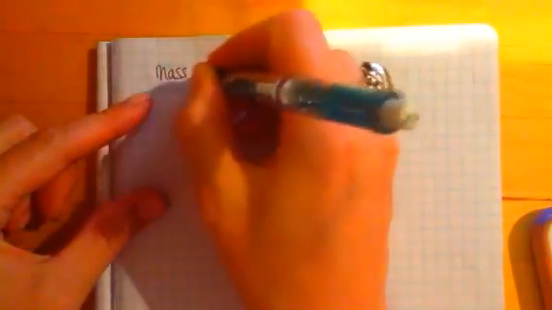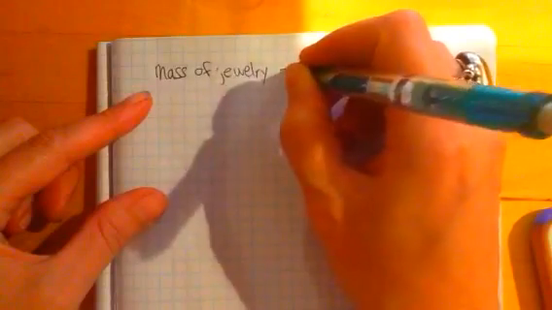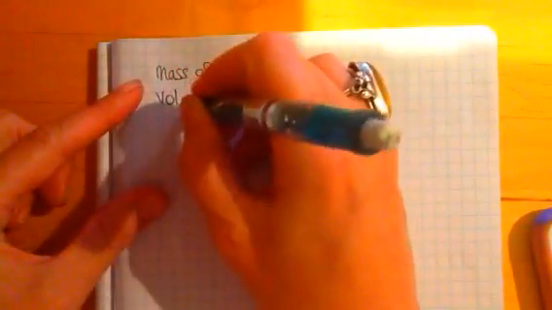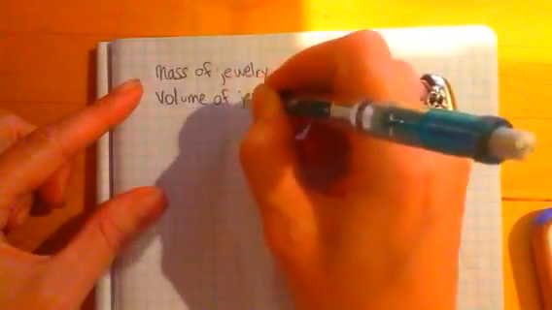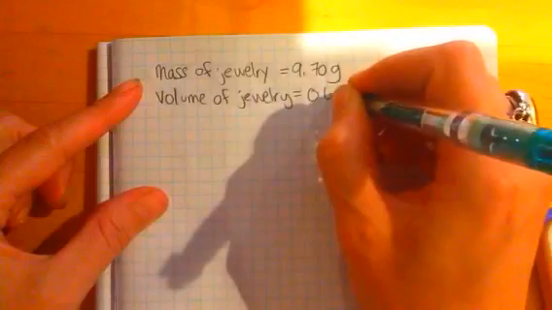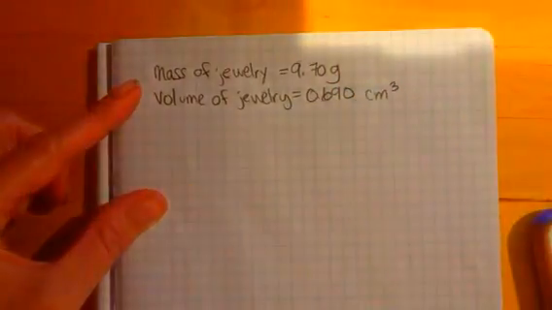Per what I shared with you in class, we are going to start out with the mass of the jewelry is equal to 9.70 grams. The volume of the jewelry is equal to 6.90 cubic centimeters.